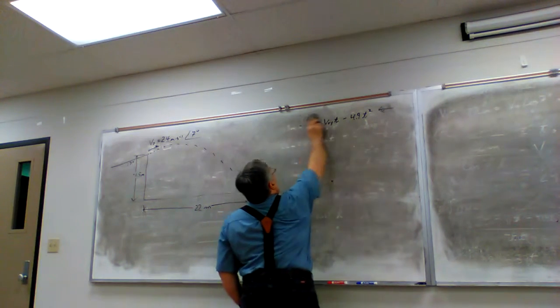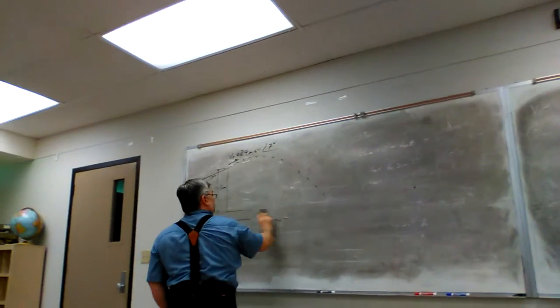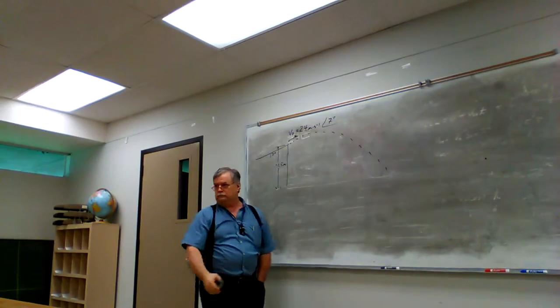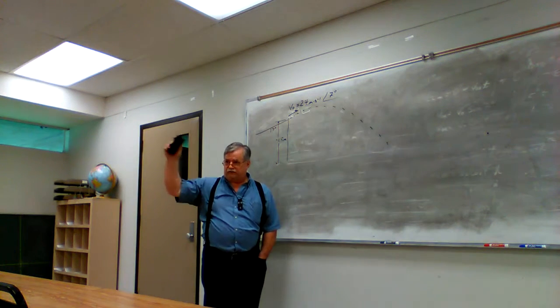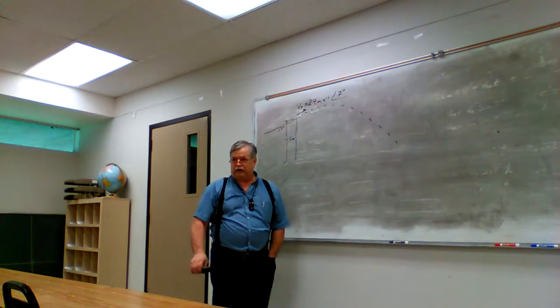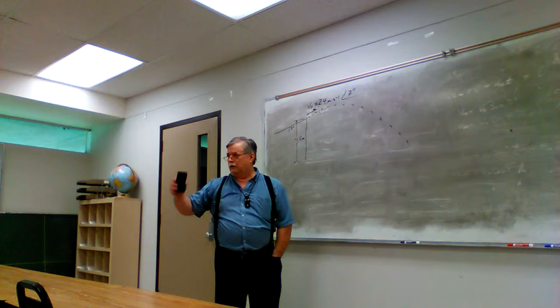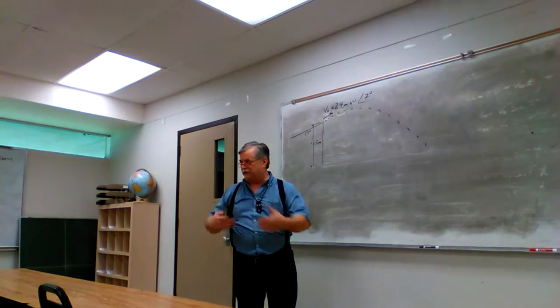How fast do the 2 trains appear to be going to observers on the ground? 80 miles per hour each. How fast does the second train appear to be going to people on the first train? No, they're coming at each other.